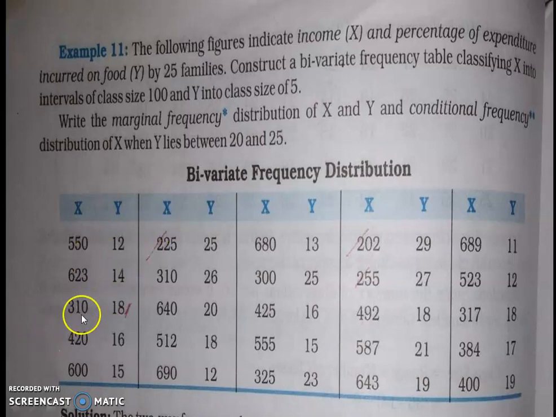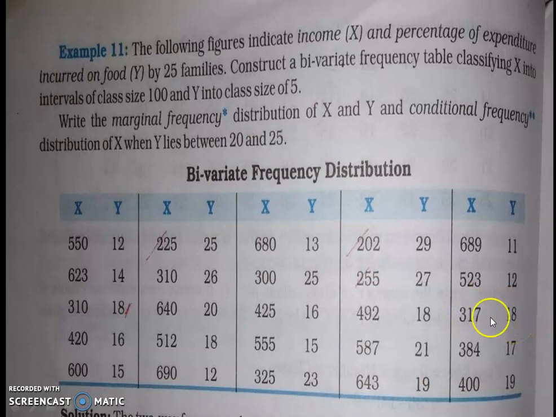So between 300 to 400 and 15 to 20, there are 3 variables, okay. So this one is first 310, which falls between 300 to 400 and 15 to 20. So the first one is this. Second one is, we cannot select this because it falls between 300 to 400, but it does not fall between 15 to 20, okay. So we cannot select this. Second is 317 and 18. It falls between 300 to 400, and this y value falls between 15 to 20.